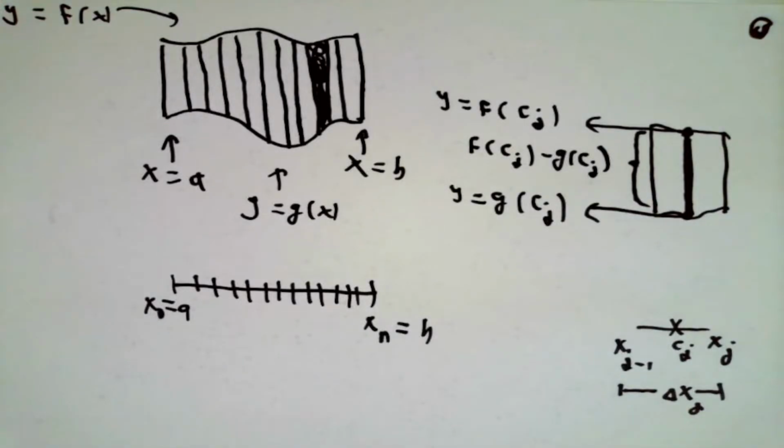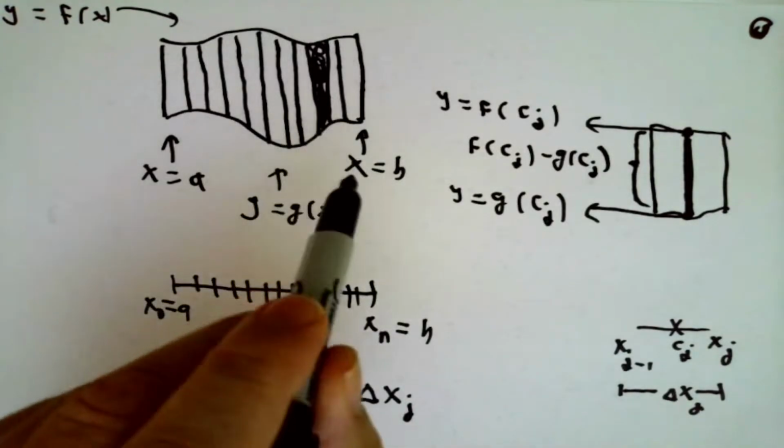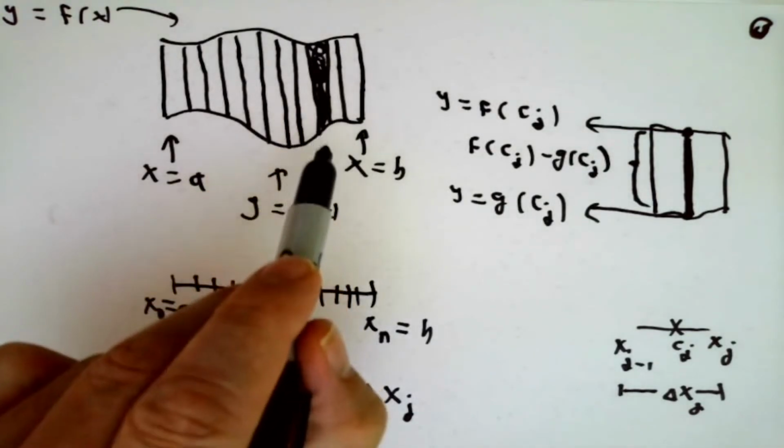So the area of that one chunk is approximately given by the vertical height, f of cj minus g of cj, multiplied by delta x number j. This is an approximation for the area between the two curves that corresponds to chunk number j.